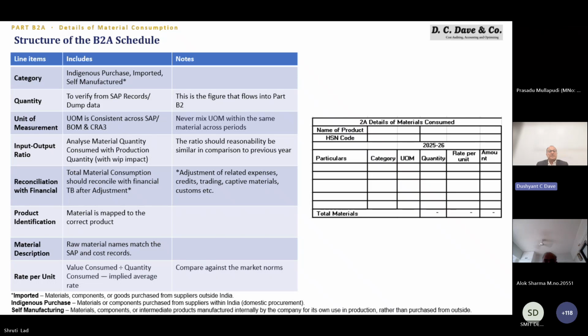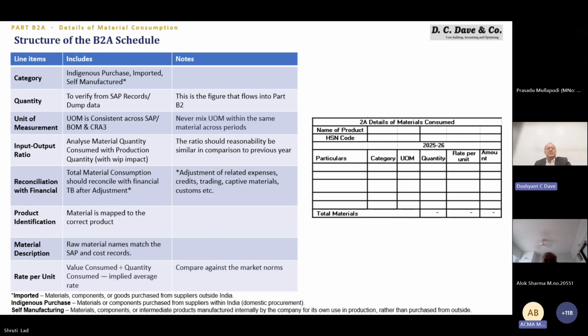Many audit observations arise not because the quantity or value is incorrect, but because the material has been classified under the wrong category. Classification is extremely important because management, regulators, and users of the cost audit report analyze the cost structure based on these classifications. Therefore, the auditor should understand not only what has been consumed, but also how it has been reported.